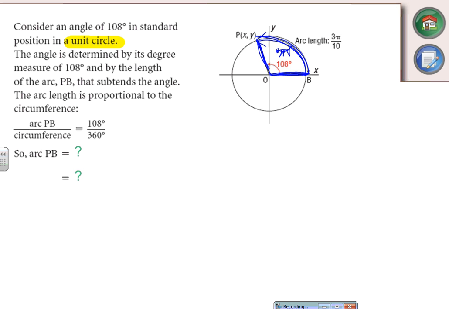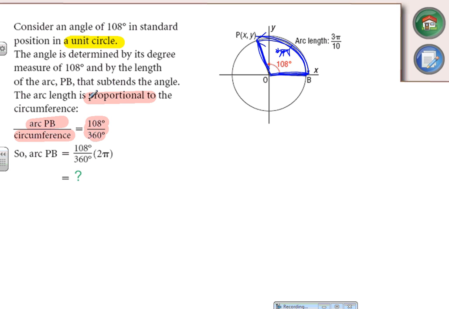So the proportion that we have now is the arc length divided by the circumference, or 108 over 360. That tells us what proportion of the full 360 circle we've got going on. Arc length is talking about 2 pi r, and I'm going to add that in here.